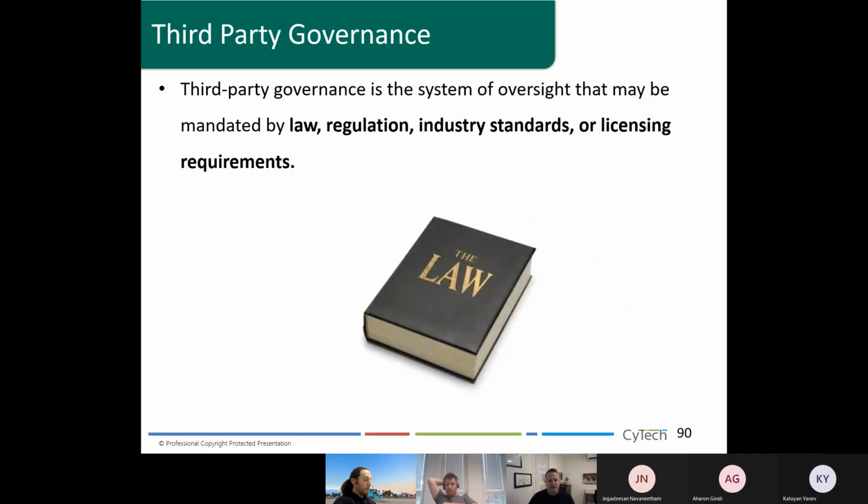Third-party governance is when your requirements for governance are coming from the outside, mostly from laws, regulations, and standards in your industry. It's a governance landscape that is not related to you. You cannot control it, and in some way, it can relate to threats.